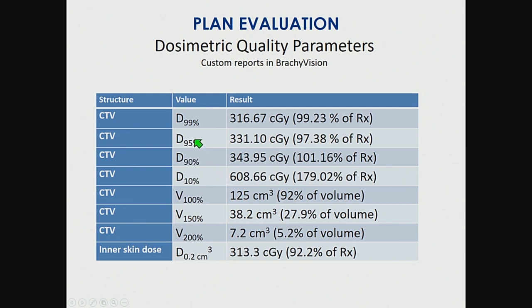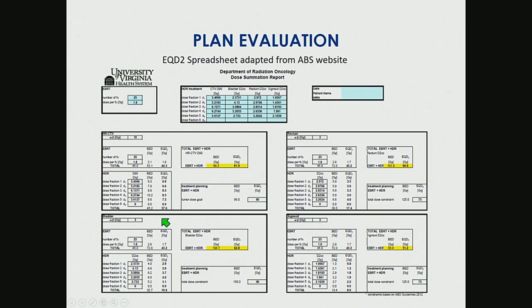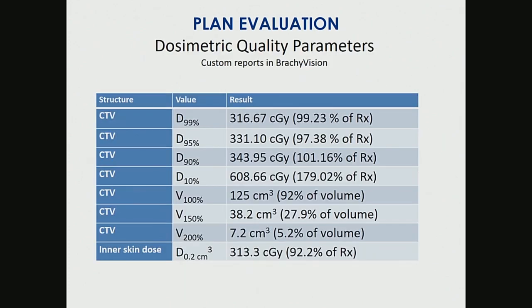You can see we have our CTV, D99, D95, D90, D10. We can calculate conformality indices. There's been some recent work saying that the D0.2 cc of an inner 2 millimeters of skin should be reported for breast dose. So we've added that to our report, and we've developed these for each treatment that we do.